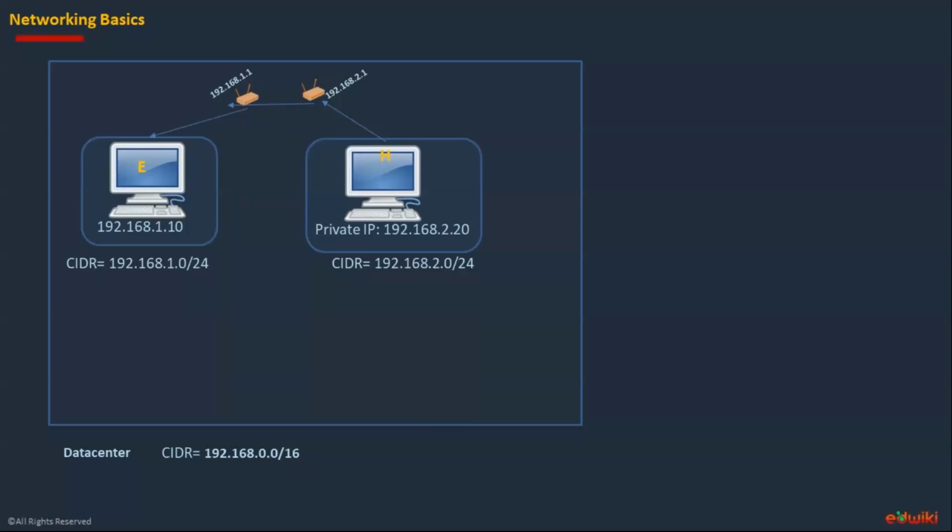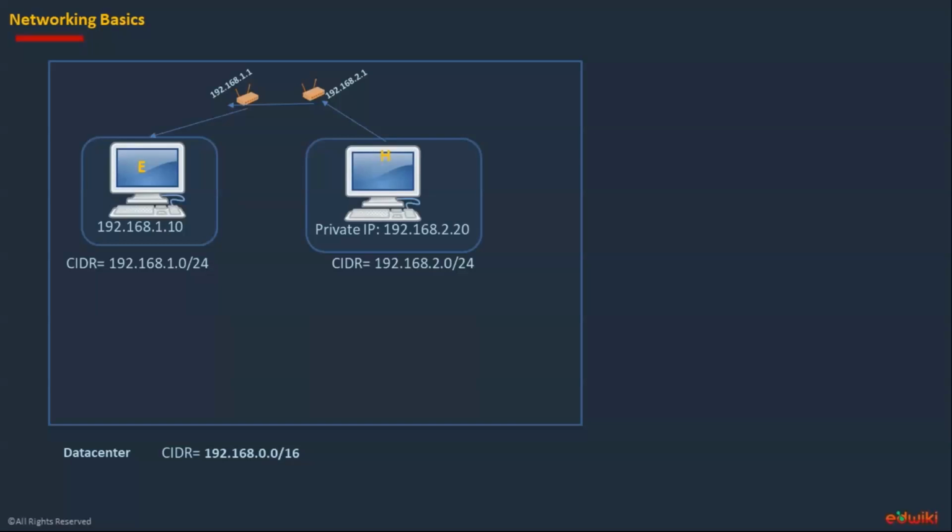When you are trying to make communication possible between E and H machines, in between, yes, you need to keep the gateway. It can be one gateway, two gateways, 10 gateways. It's up to you. Here in the presentation, I am keeping two gateways, but it can be 2 or 10 or 20. Based on the requirement, we can keep any number of gateways in between the source and destination.